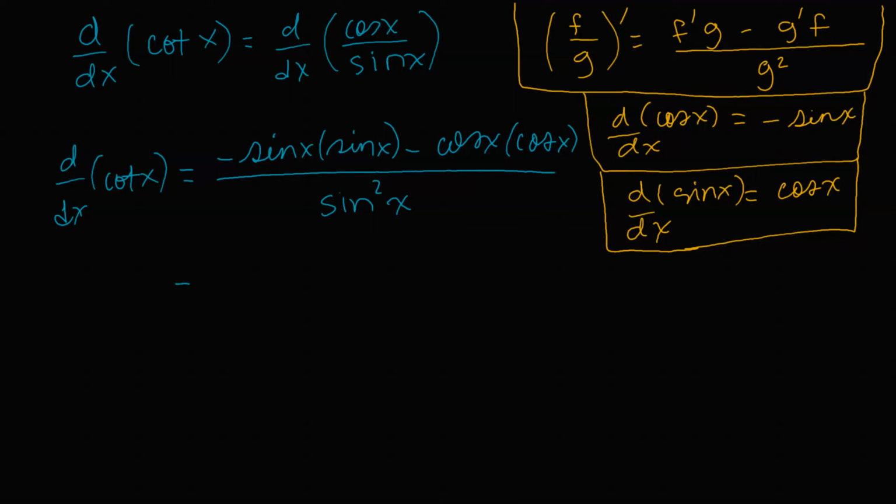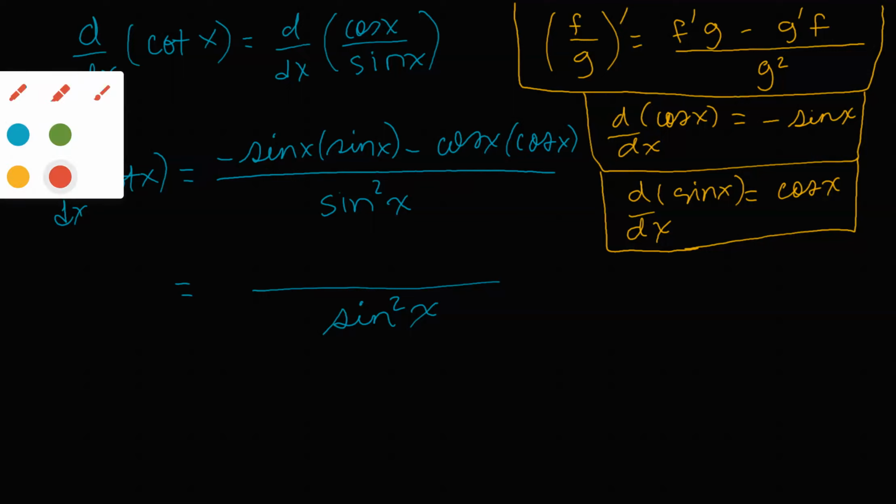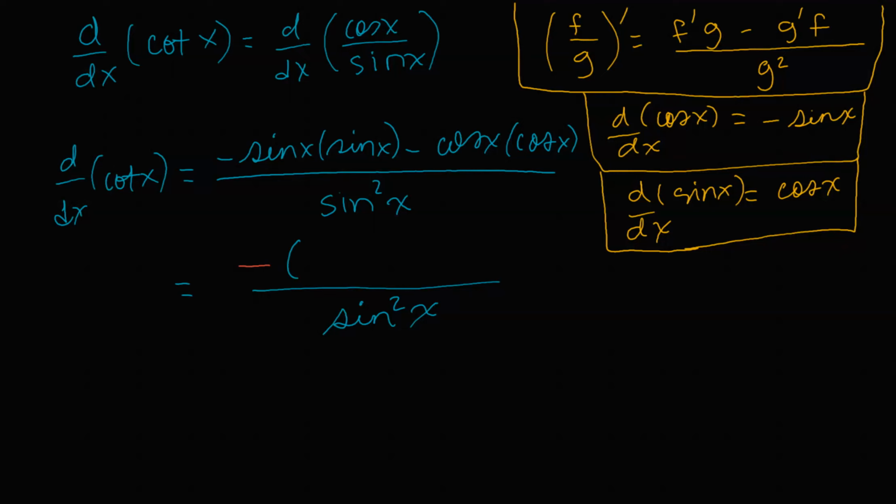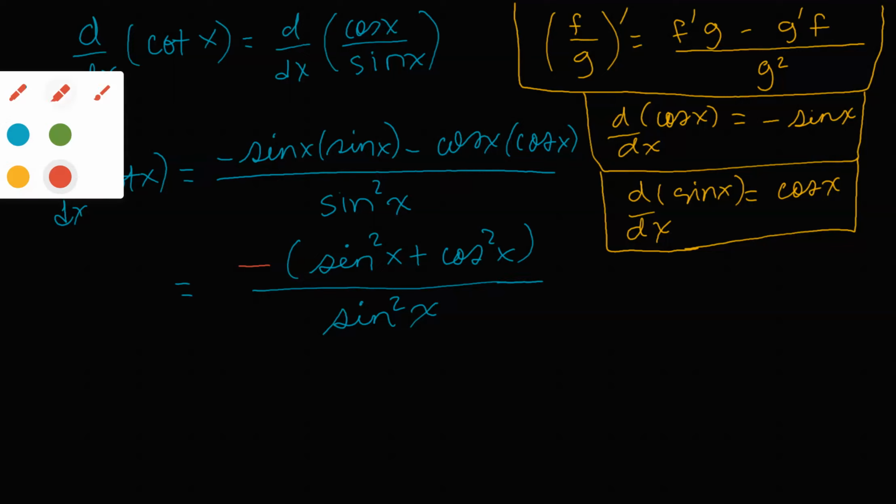So when we clean that up, the denominator is still going to be sine square x. The numerator has a negative and a negative. I'm going to factor out a negative. The inside will be sine square x plus cosine square x. And we should recognize that that is 1.